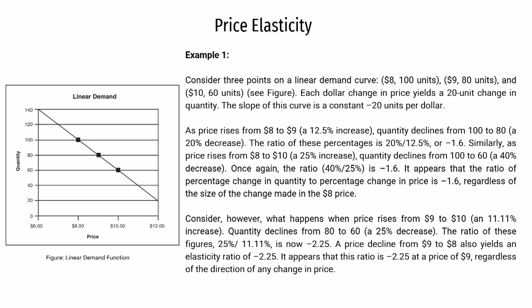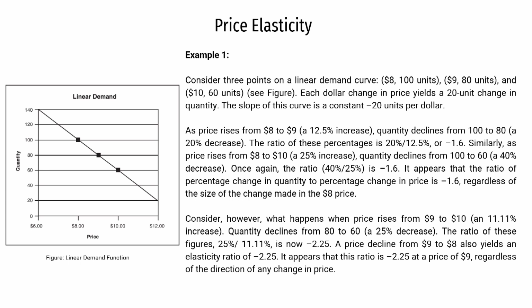Let us consider 3 points on a linear demand curve: when the price is $8, the units sold are 100; when the price is $9, the units sold are 80; and when the price is $10, the units sold are 60. You can also see it from the graph drawn on the left hand side. So, what does it say?